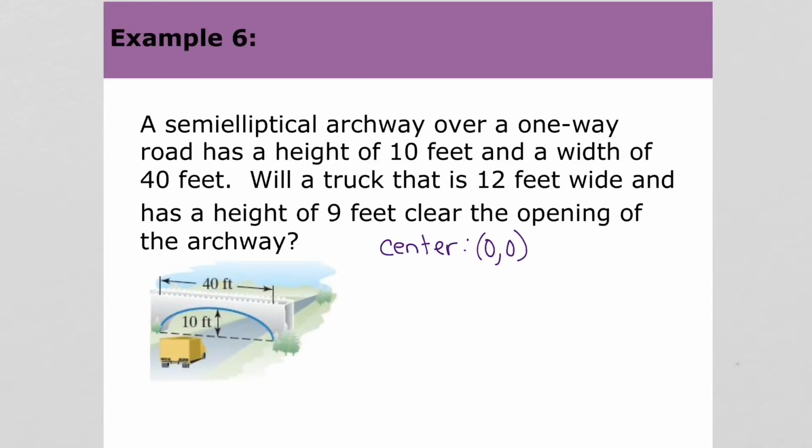If the center is right here on our picture, then our major axis is the horizontal, and a will be this distance. And what's that distance? Well, it's half of 40, or 20.